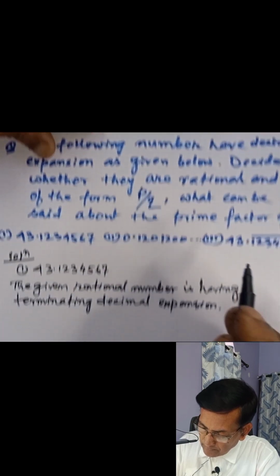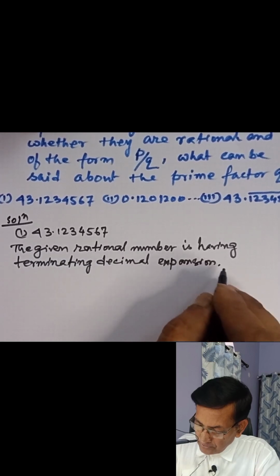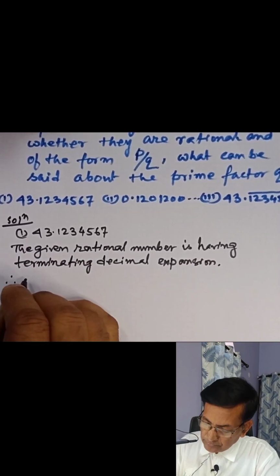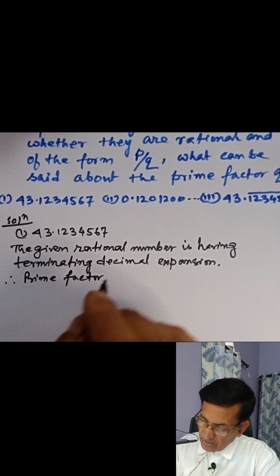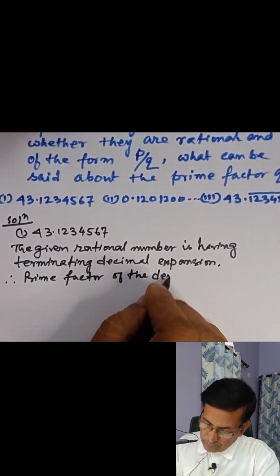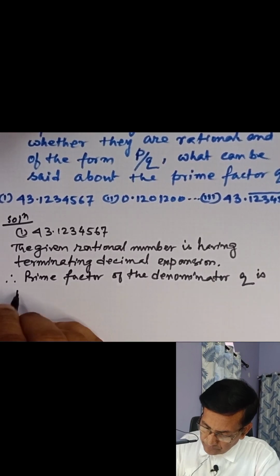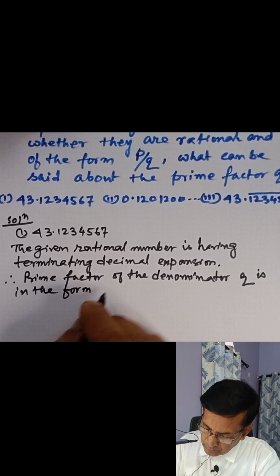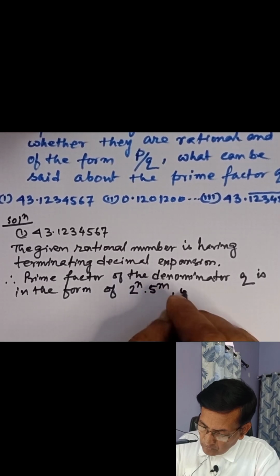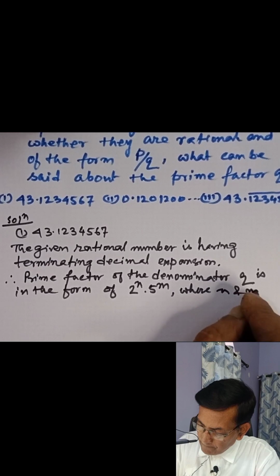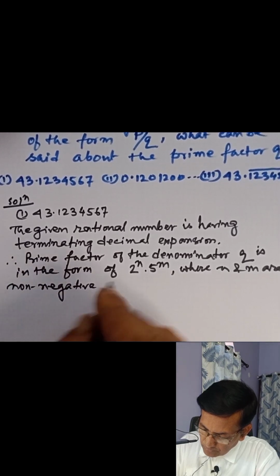What can be said about the prime factor q? When it is a terminating decimal expansion, therefore the prime factor of the denominator q is in the form of 2 to the power n into 5 to the power m, where n and m are non-negative integers.